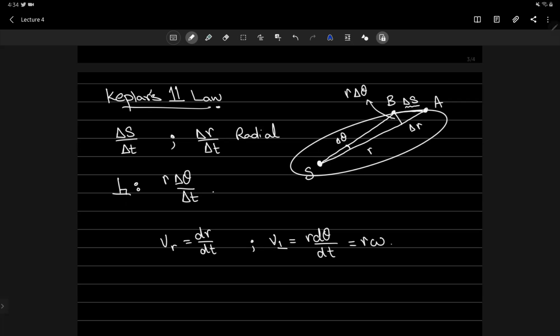I should have pointed out that we are calling this point C, right? So this triangle BSC, its base is of length r delta theta, and the height is r, right? From this diagram we labeled earlier.